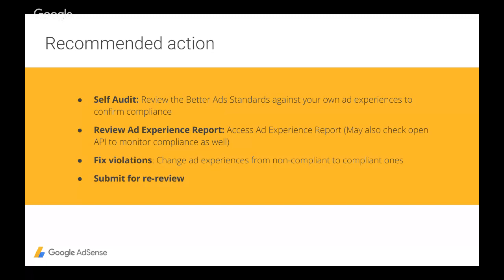And again, regardless of the status, make sure you're being proactive, looking through your site. And if you realize that you're doing something that is called out by the Better Ads standard, go ahead and fix that too. And then, of course, you can just submit for re-review. And at that point, we'll re-review the site and hopefully the issues will be fixed and we'll be able to issue that passing status.